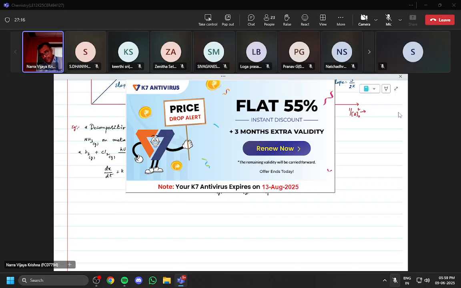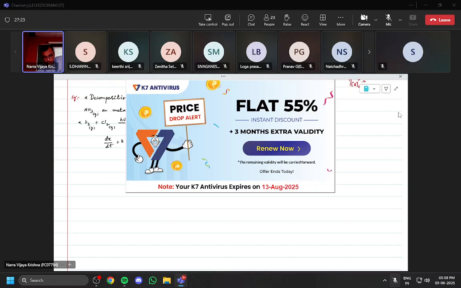Example of second order kinetics. Similarly, while we were studying reaction mechanism, we have seen bimolecular nucleophilic substitution reactions, SN2 reactions, follow second order kinetics. Similarly, E2 elimination reactions follow second order kinetics.